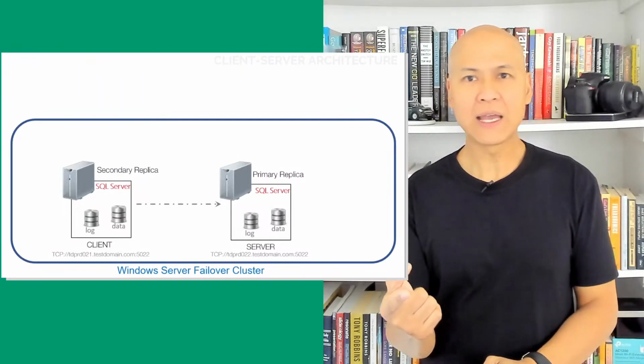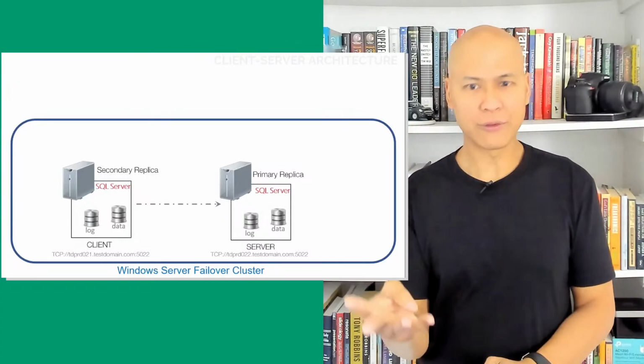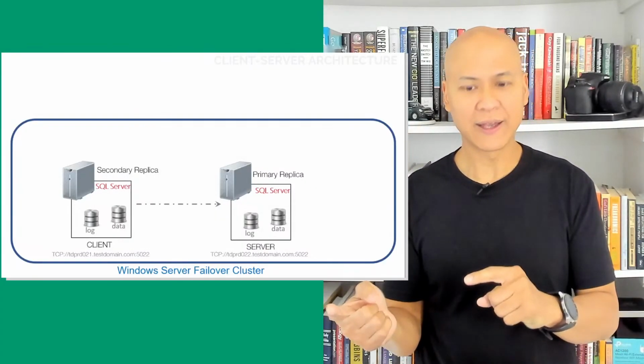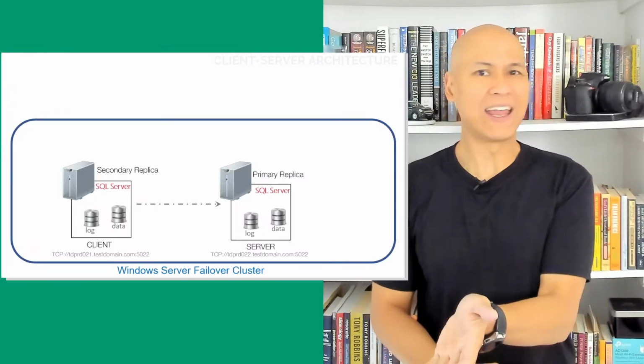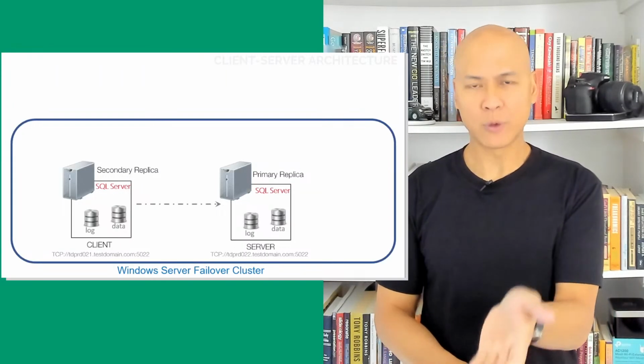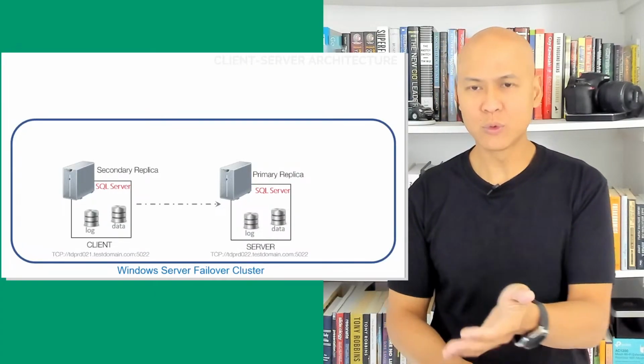Fully qualified domain name, a port number, authentication, and authorization. Same thing. Okay? In this case, fully qualified domain name and port number is your endpoint. You have your fully qualified domain name plus port number, with port number 5022.